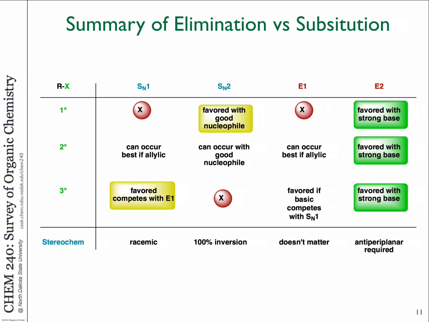Inversion for SN2, racemic products if there's stereochemistry involved in SN1. Okay? Any questions about that? So I want you to keep in mind the features of alcohols and halides. Even though they're in separate chapters, a lot of the reaction details that they do are similar.